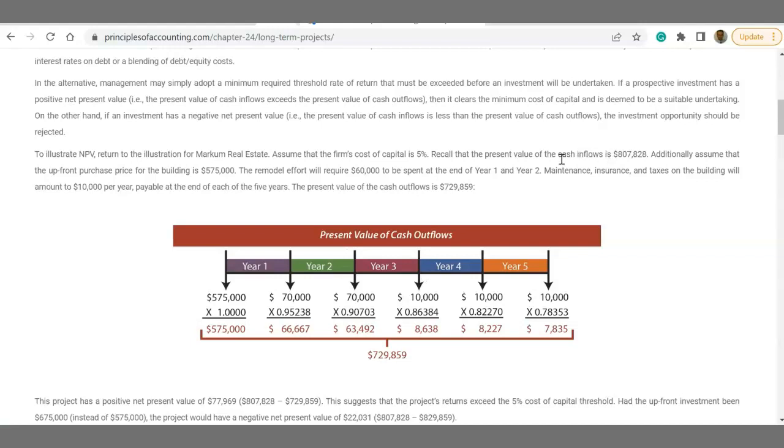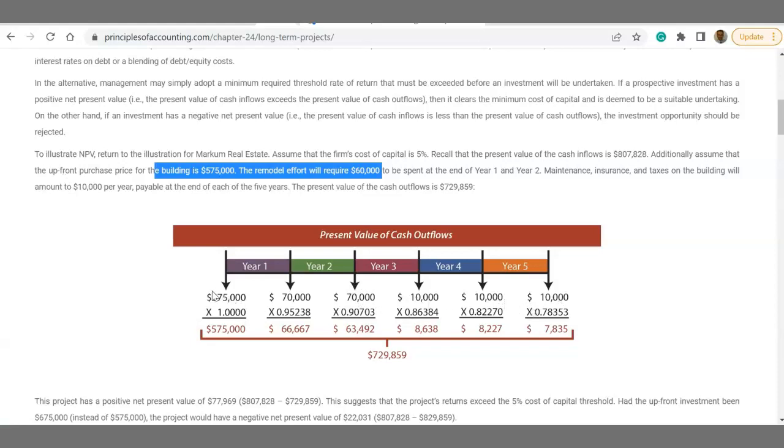So in this example, as you see, the upfront purchase price of the building is $575,000, but you have to remodel it for $60,000, payable at the end of each year, and the present value of cash outflows is $729,000. That $10,000 is the building taxes and insurance that needs to be paid.